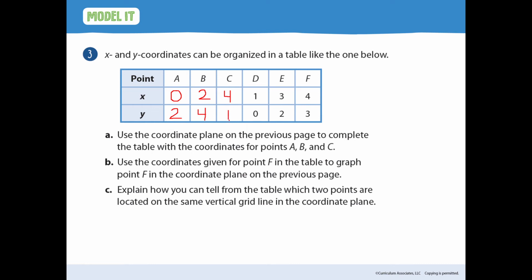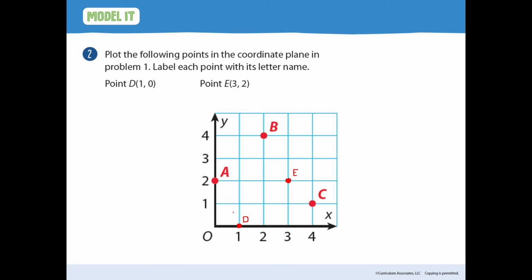Okay. For letter B, use the coordinates given for point F in the table to graph point F on the previous page. So the coordinates here for F are 4, 3. So we're going to go over 4, up 3, and here is where we would put point F.